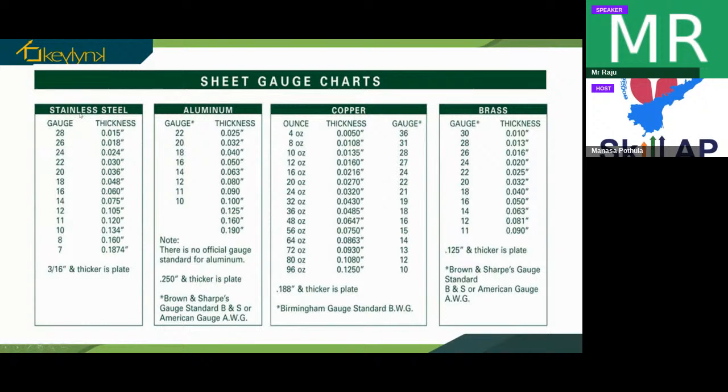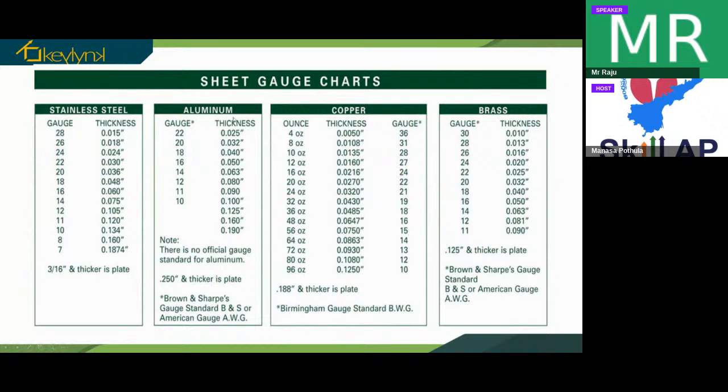For example, for stainless steel, if the gauge is 28, the thickness will be 0.015 inches. And if the gauge number decreases, the thickness increases. For gauge number 7, the thickness will be around 0.1874.